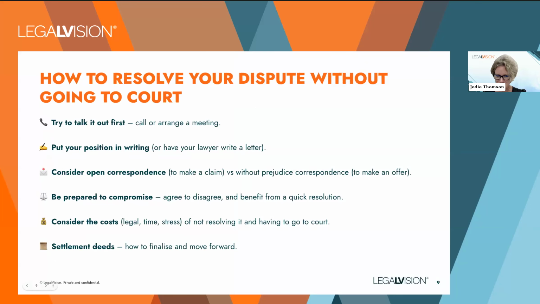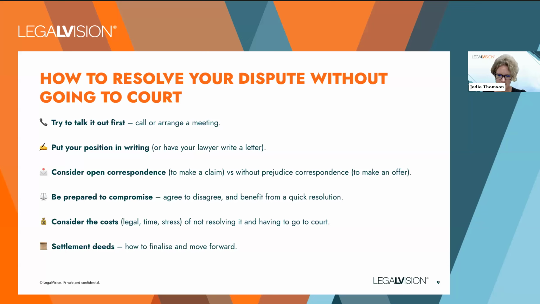The next section I'm going to talk about is how to resolve your dispute without going to court. So following on from some of those first steps that you need to do, what we recommend is to try and talk it out first. Where possible, it's better to have a call or a meeting with an individual where you can discuss your concerns.